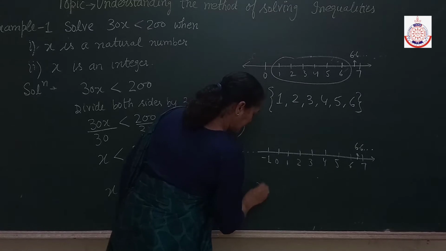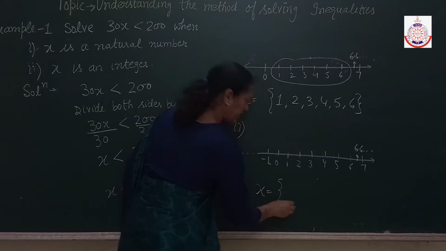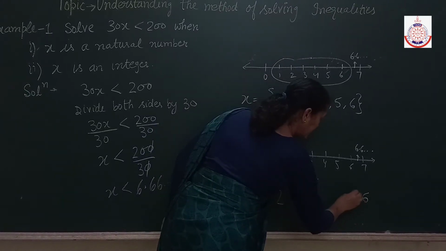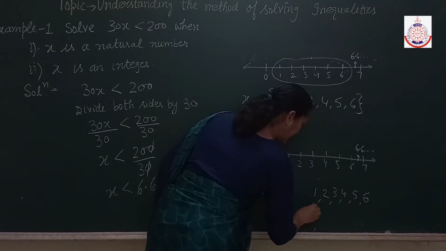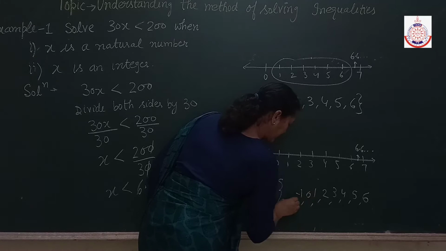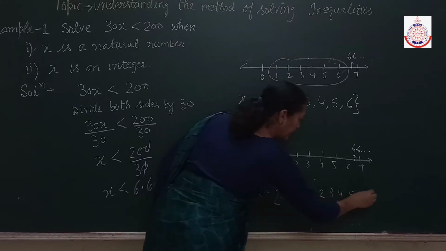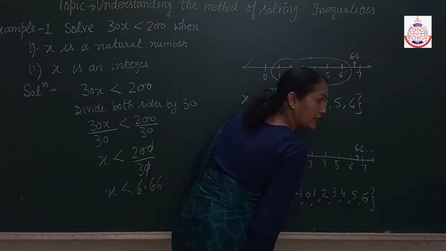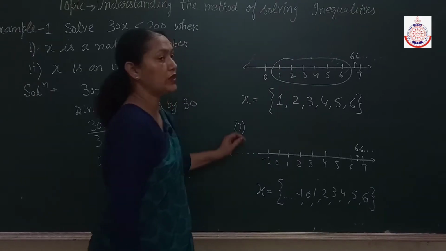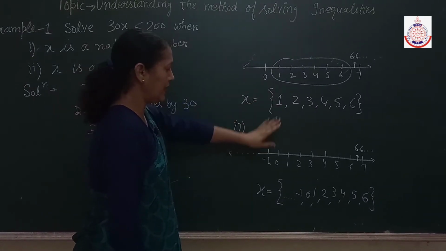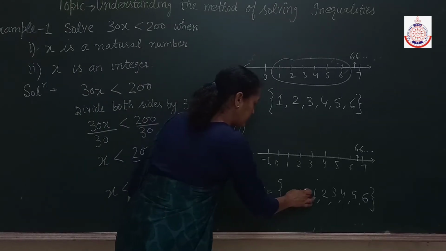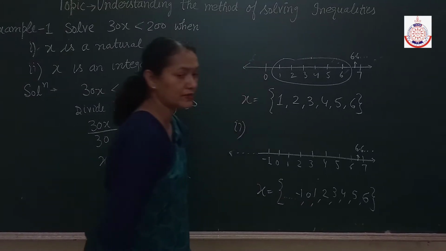So our solution set would be 6, 5, 4, 3, 2, 1, 0, -1 and so on up to minus infinity. So we have got both the answers, when x was natural and when x is an integer. So these are the answers of x.